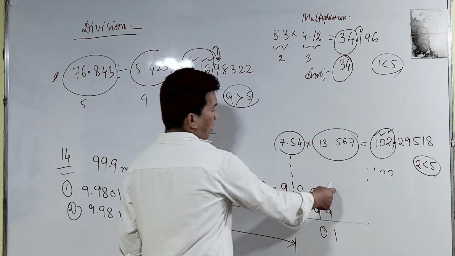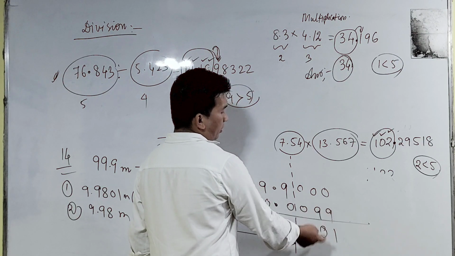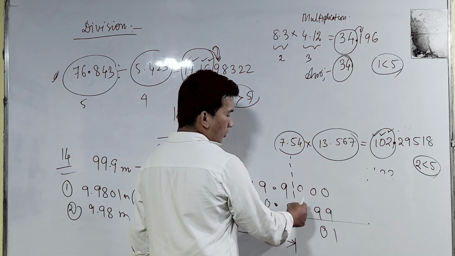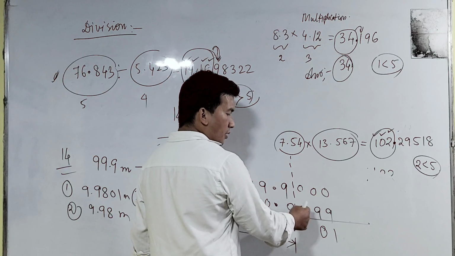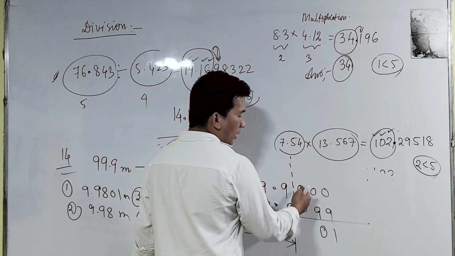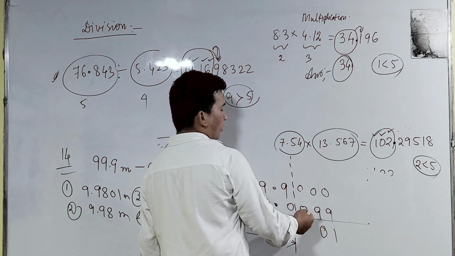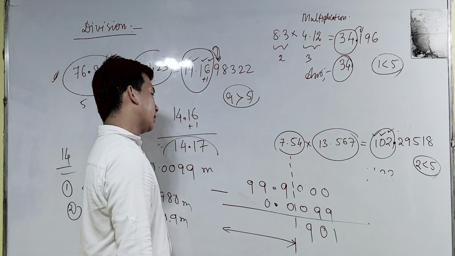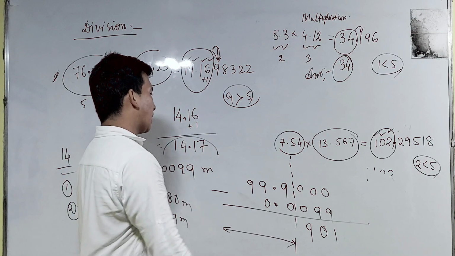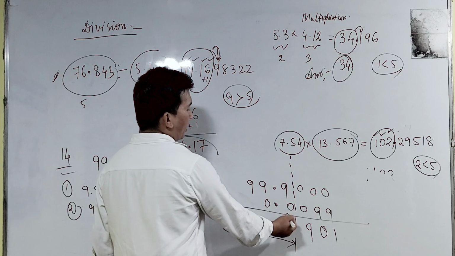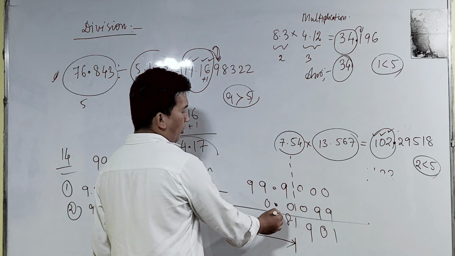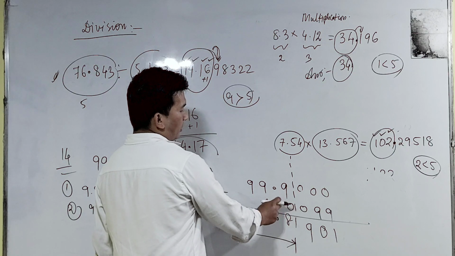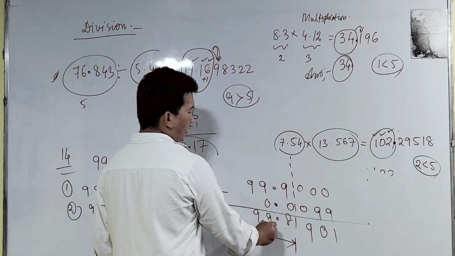Here this is 1, this is 10, carry 1, so it will be 1. Is that understood or not? From 10, if you subtract 1, it will be 9. Next, carry 1, this will be 8. This will be 8 point, decimal point, and we are finished with our carry, so it will be 9, 9.